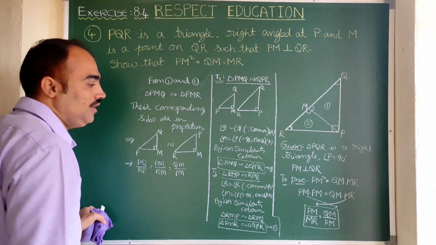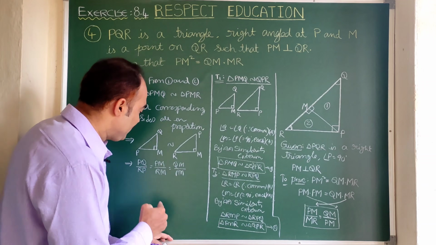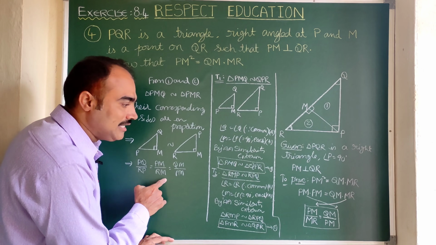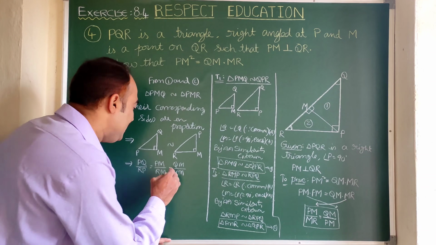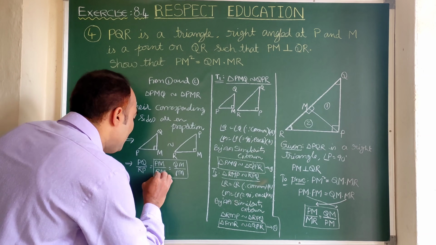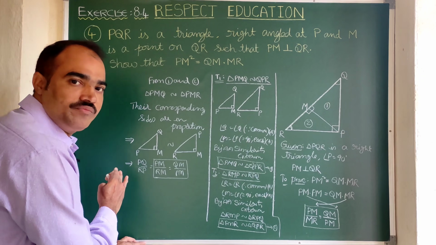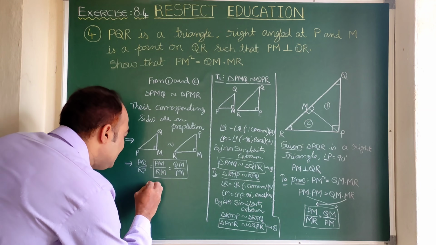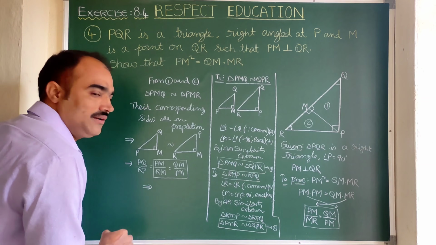Here just observe what is required for us. PM by MR, nothing but RM, is equal to QM by PM. This part is only required, right? So let us leave this ratio. Now let us consider this. Now we will do cross multiplication.